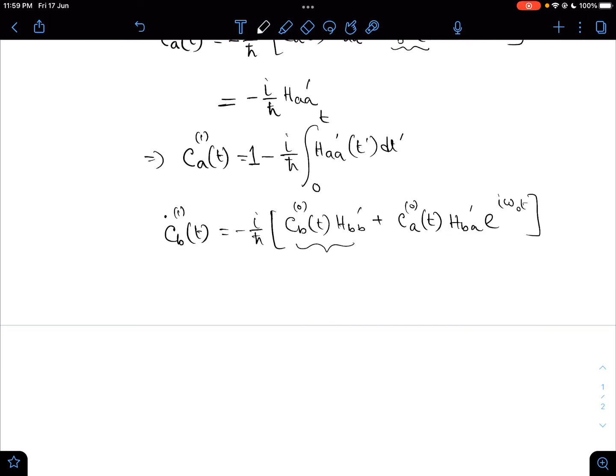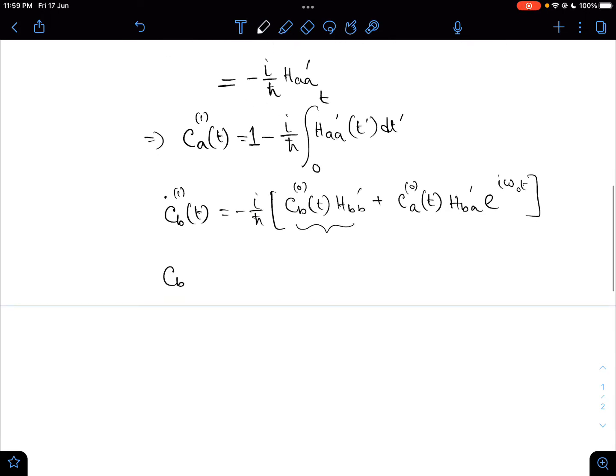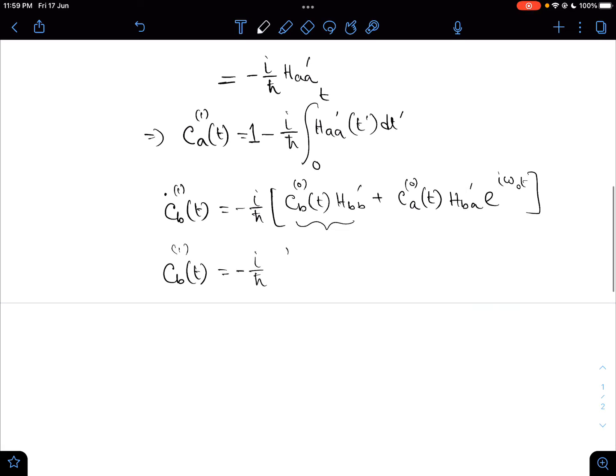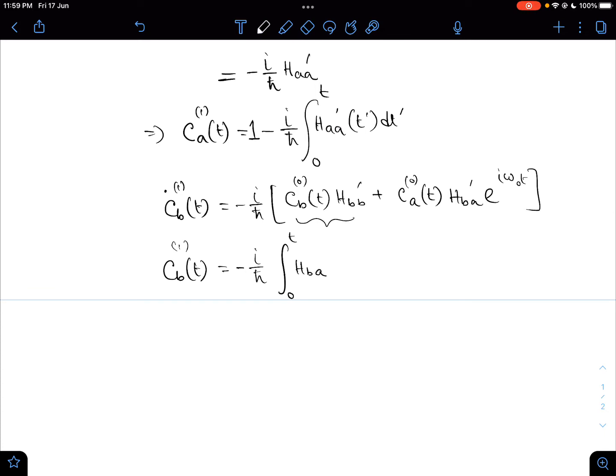So we will have c_B in first order to be minus i by h cut times the integral from 0 to t of H_BA prime at time t dashed e to the power i omega_0 t dashed dt dashed.